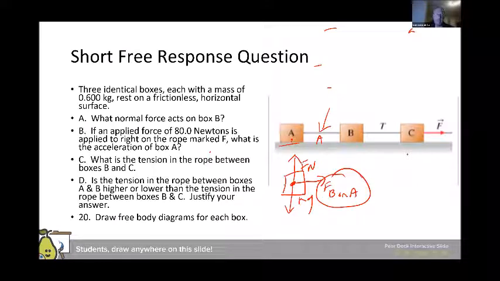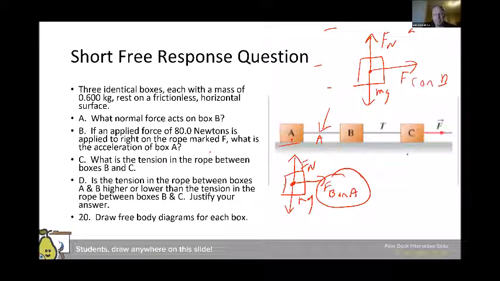All right, for B, similar kind of thing. We know for B, we've got weight, mg. We've got normal force. We've got a force over here, the force of C on B. What am I missing? Somebody help me out here.